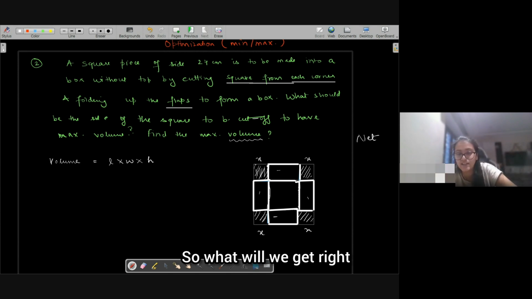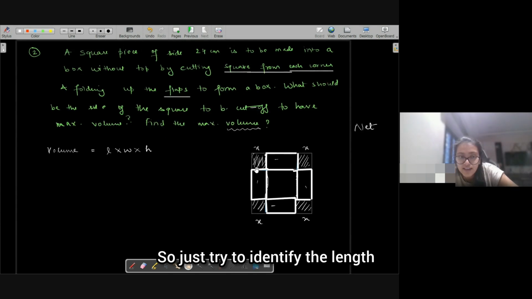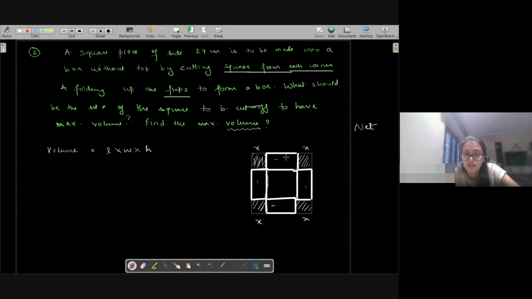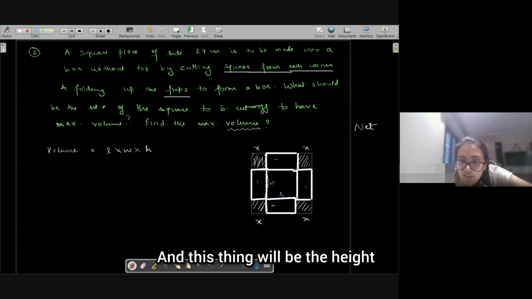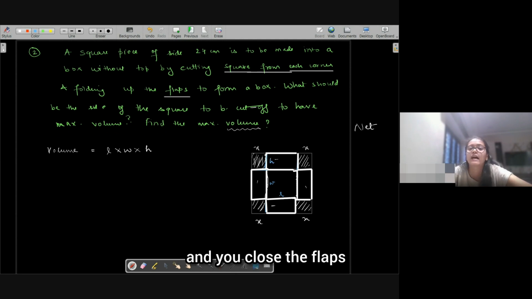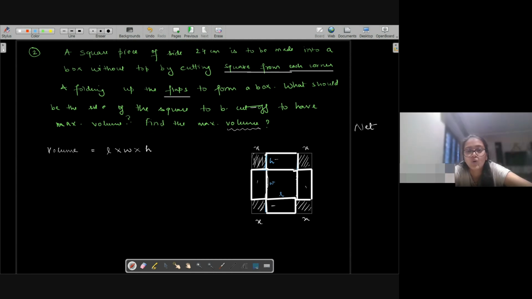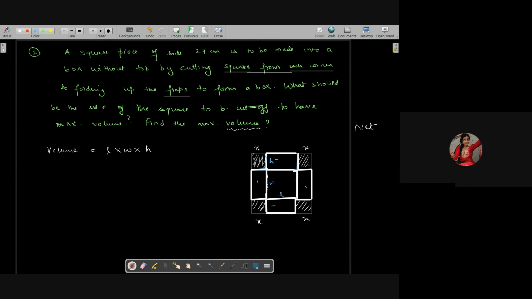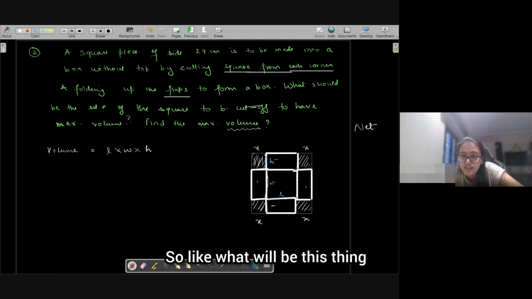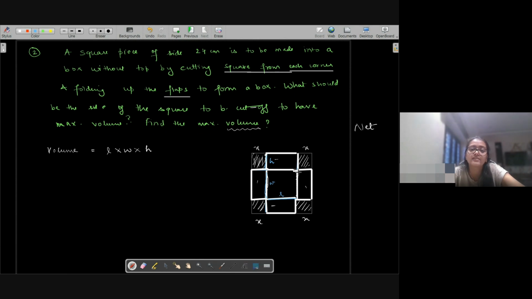Just try to identify the length, width, and height of the box we'll have, in terms of x.